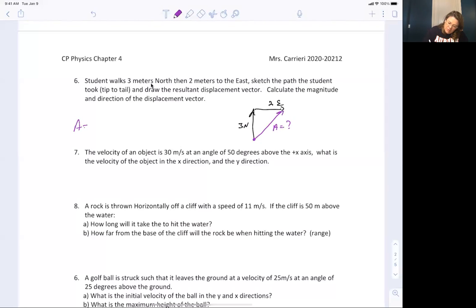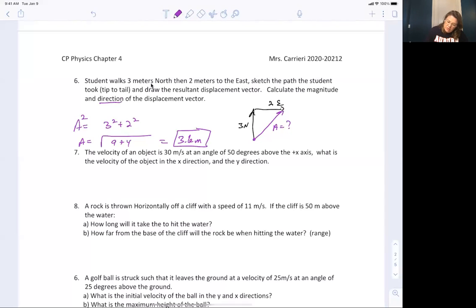So A squared equals 3 squared plus 2 squared. So A equals the square root of 9 plus 4. And you can plug that in to your calculator. So the square root of 13 is 3.6 units of meters. So that is its displacement in 2 dimensions.